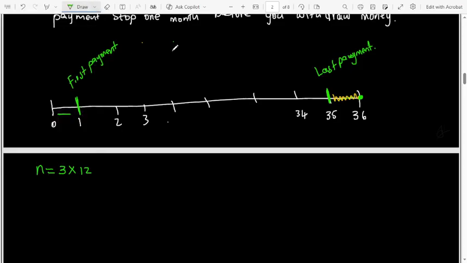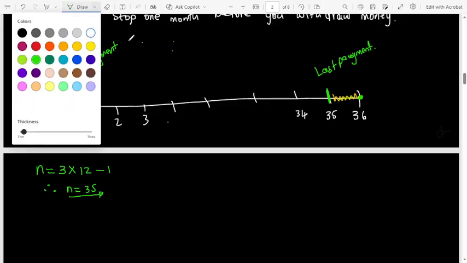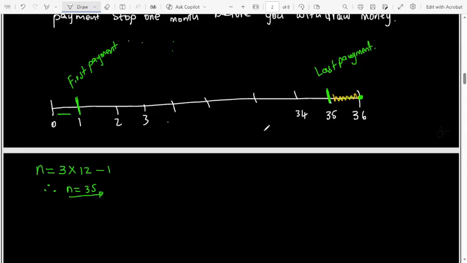So when we subtract, this will be 3 times 12, you subtract 1. Therefore n is 3 times 12, which is 36, minus 1, that will be 35. So n is equal to 35. How many payments? 35. Please make sure that you understand what is going on here. If you understand the theory behind finance, it's going to be easy for you to do the calculations.